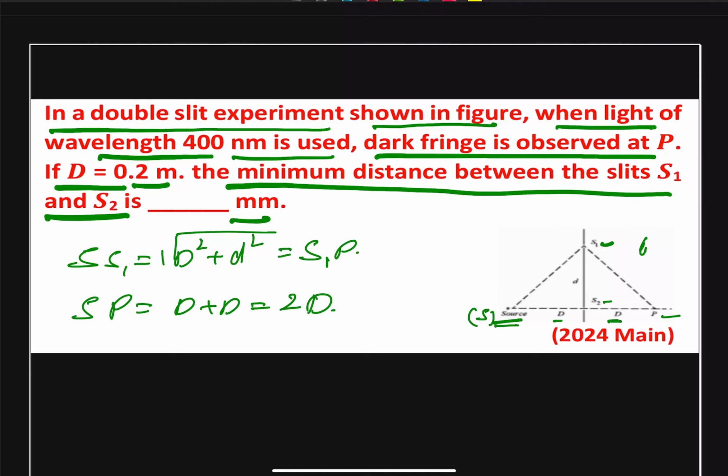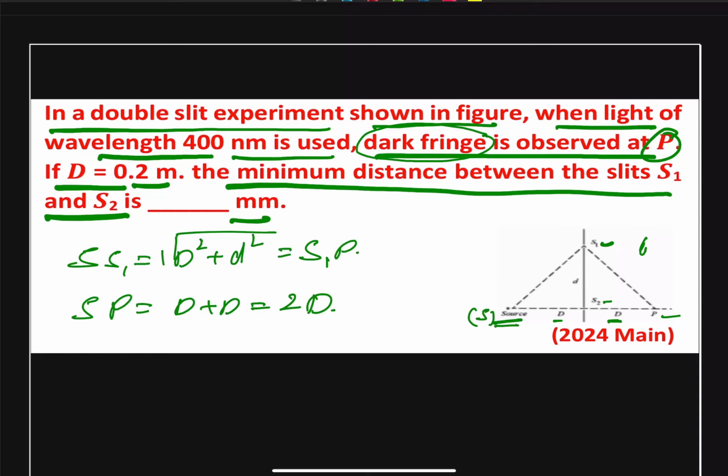We are given that a dark fringe is observed at point P. So for the dark fringe to be observed, the path difference should be equal to lambda by 2.